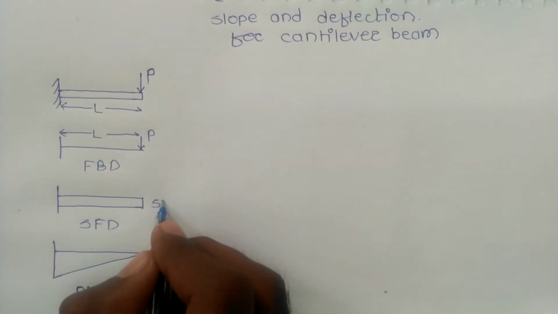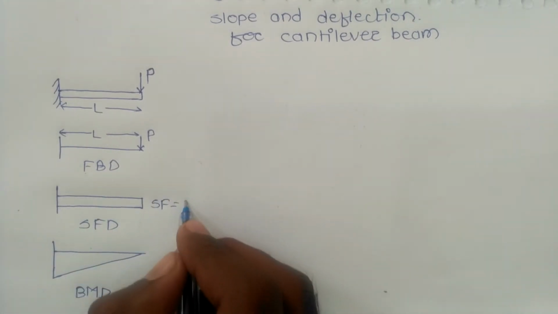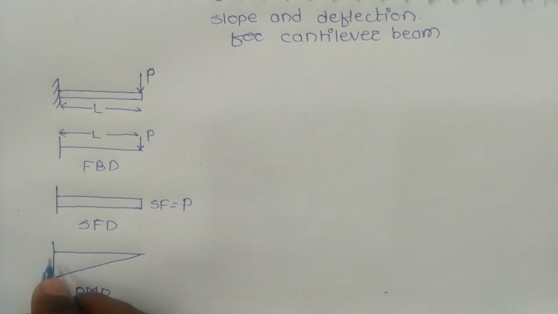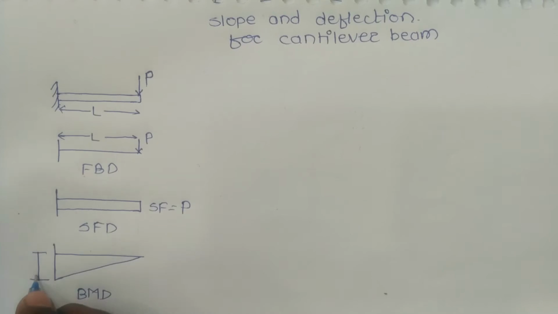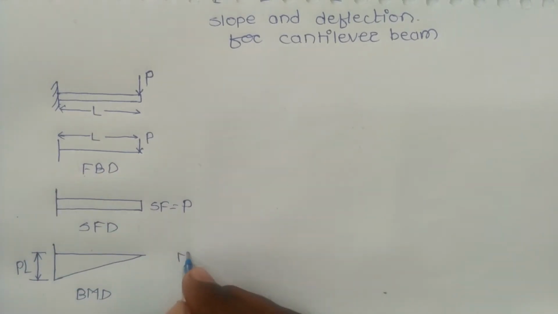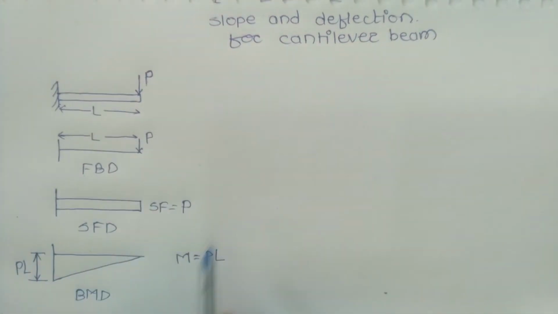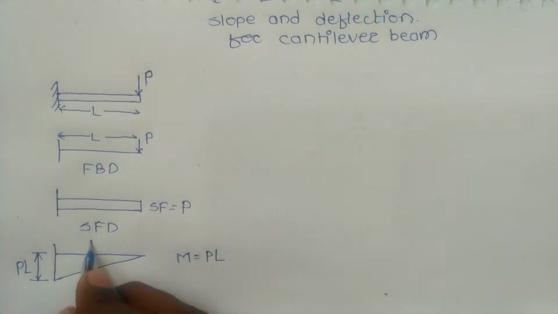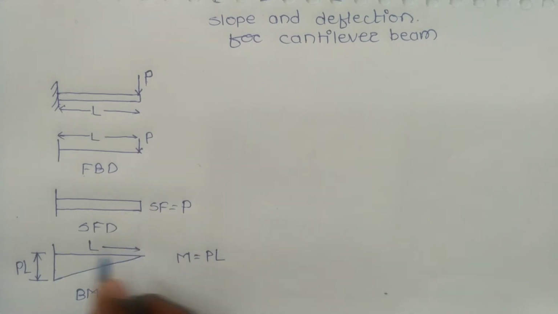Here the shear force is equal to P. This is the value of bending moment, that is PL. Moment is equal to force P into L. This is the total span L.